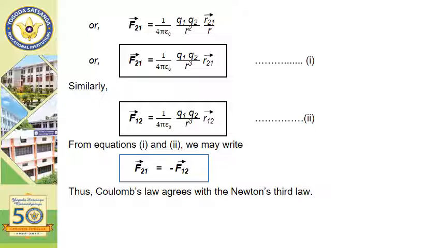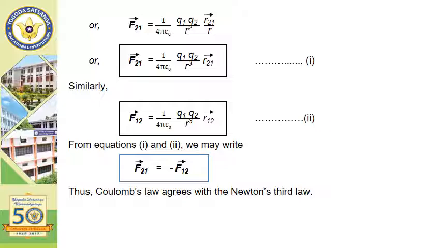Similarly, we may write the equation of force acting on charge Q1 due to charge Q2 as F12 vector equals 1 upon 4 pi epsilon naught Q1 Q2 upon r cube vector r12, and giving this equation 2.